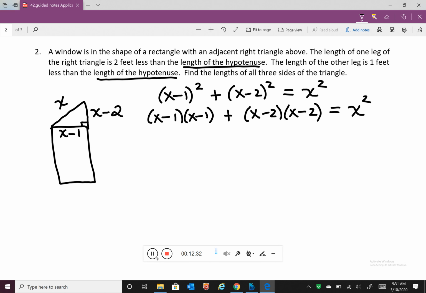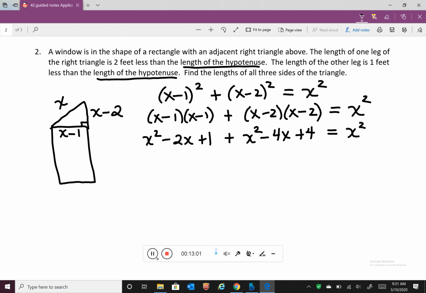Now make sure you distribute properly. So this is x squared minus 1x is minus 2x, and then we have plus 1. Again, distribute properly. x squared minus 2x is minus 4x, and then we have plus 4.